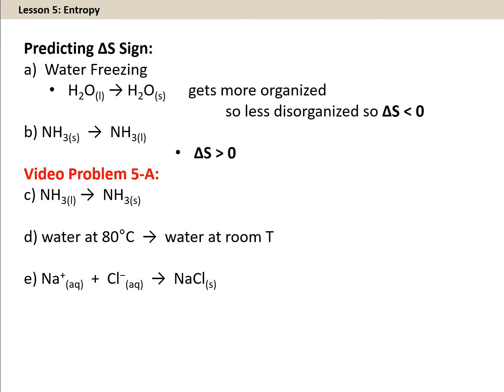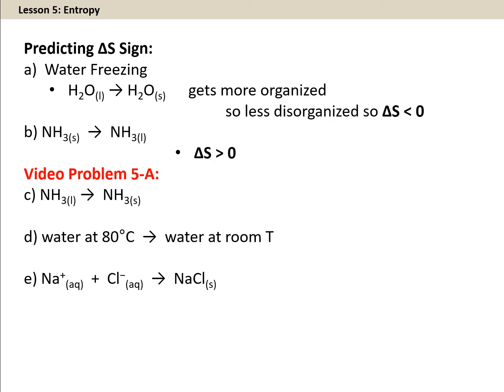We started these in the lecture. In the first one, A, we said H2O liquid going to solid. That's water freezing. When we go from liquid to solid, we're going from something disorganized to organized, so it's getting more organized.